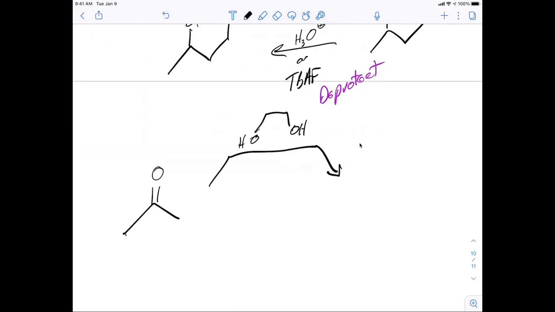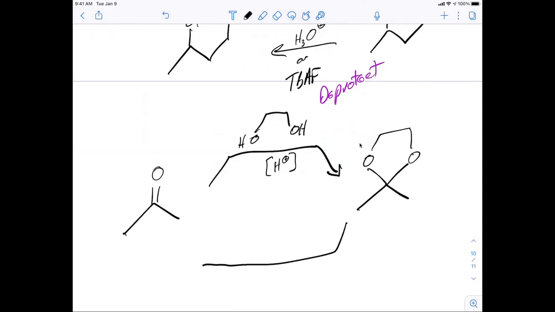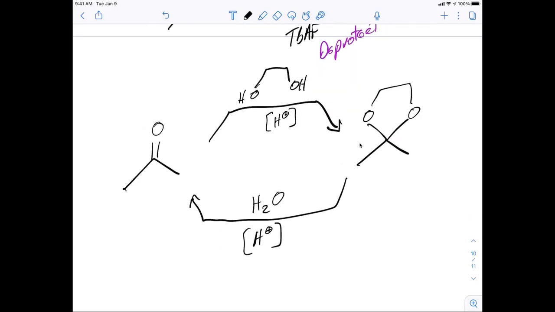In this case, we use a dialcohol, again with a trace acid. That then will form an acetal or a ketal. But then if I just add water, right, and the acid catalyst, I can remove that group.